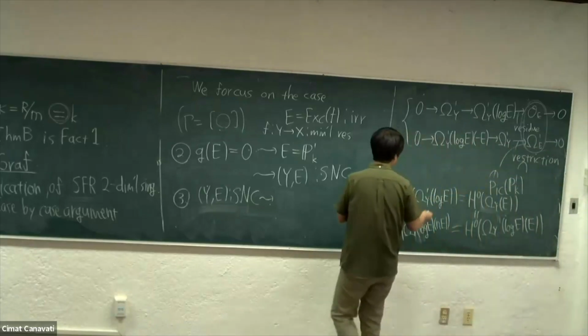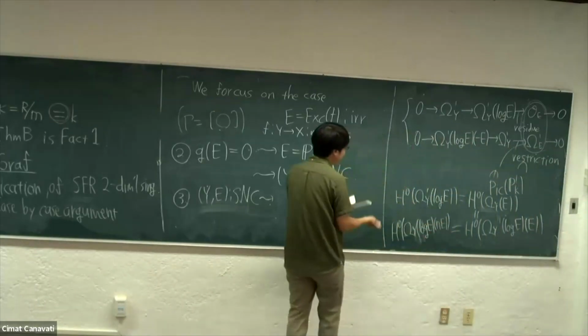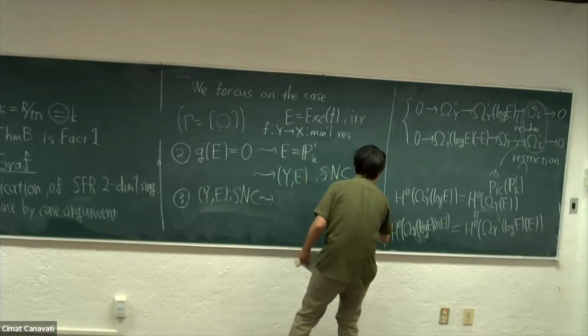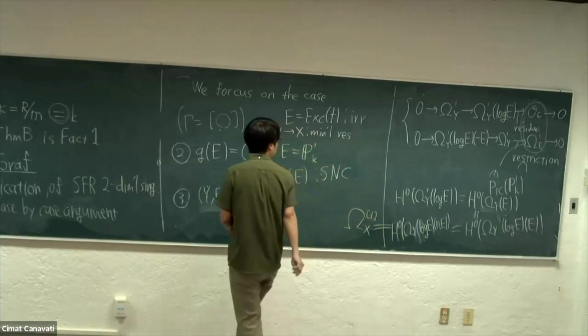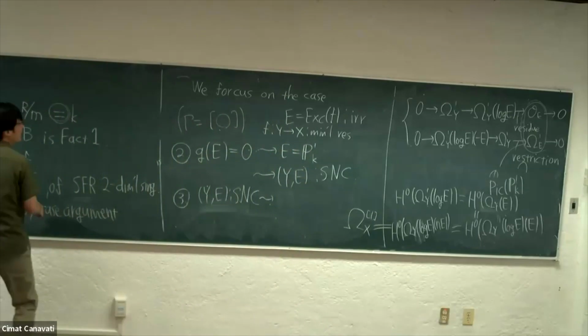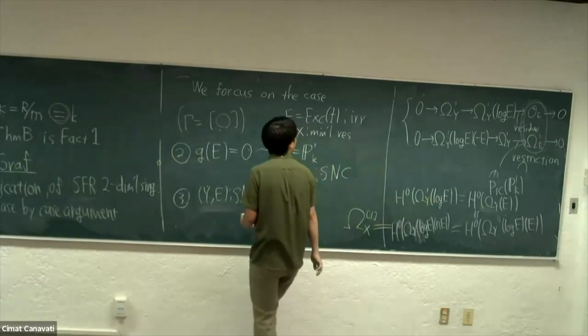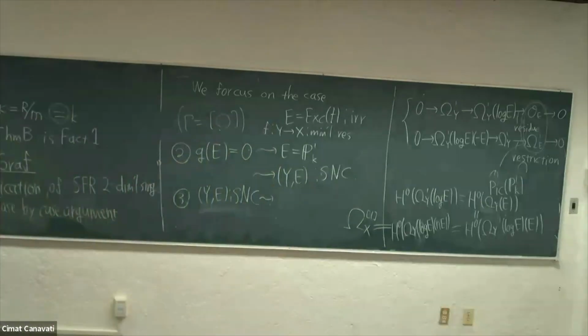But if n is sufficiently large, this becomes larger and larger and numerically equivalent to Omega X1. So this is just a logarithmic extension theorem. This is the sketch of the proof.